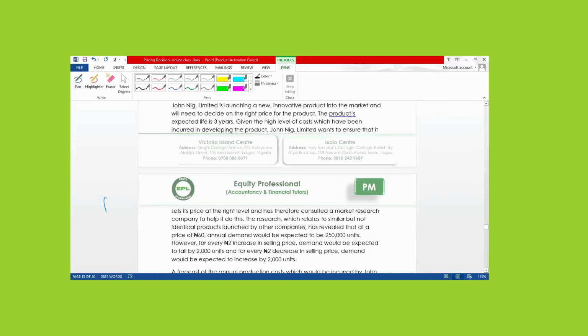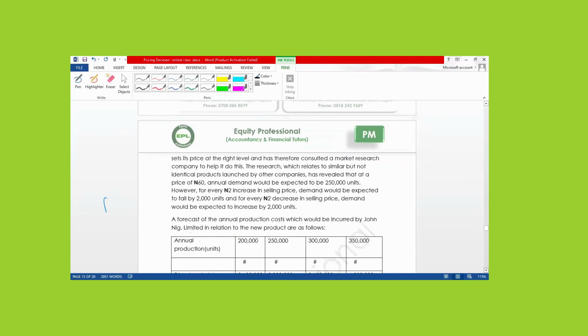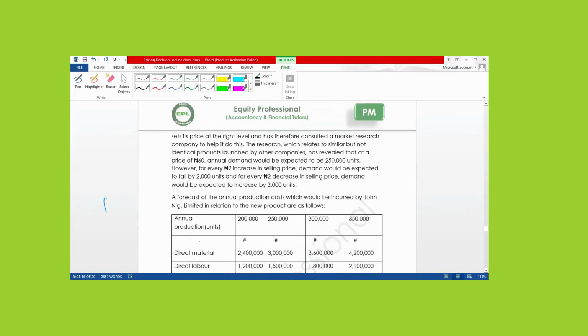For every 2 naira increase in selling price, demand falls by 2,000 units, and for every 2 naira decrease, demand increases by 2,000 units.